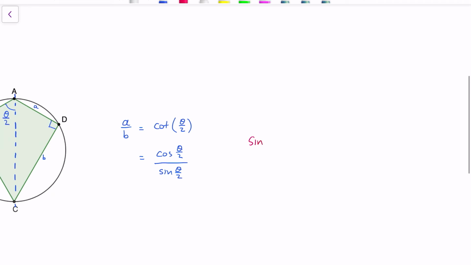Sine 2 theta is 2 sine theta cos theta, and then you've got different options for the cosine one. One of them is 2 cos squared theta minus 1, and the other one is 1 minus 2 sine squared theta.